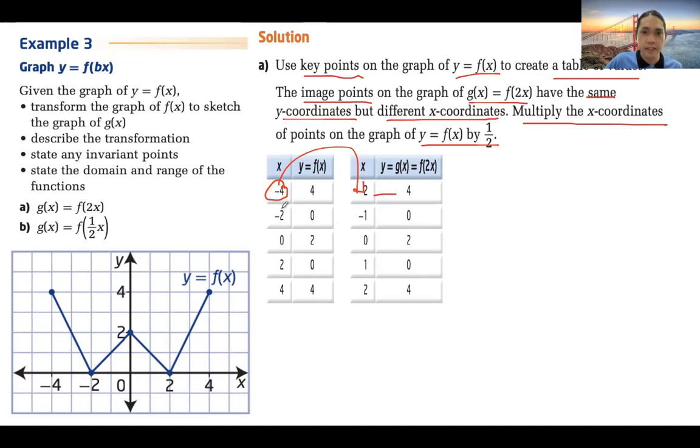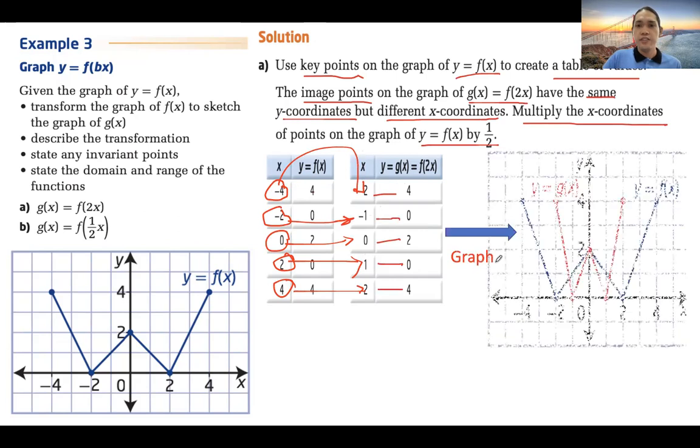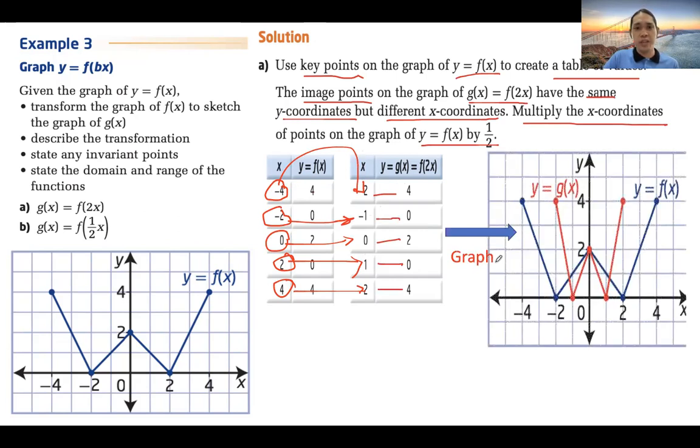Then -2 brings you to -1, because we multiply 1/2. For 0, it stays 0; 2 times 1/2 is 1, and 4 times 1/2 is 2. I hope we're clear about this one. So we have changed our x coordinates, but our y coordinates remain the same.